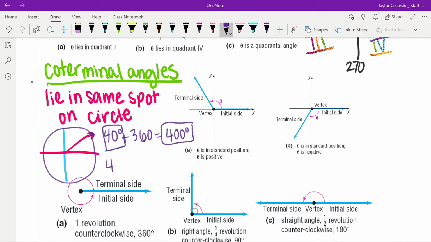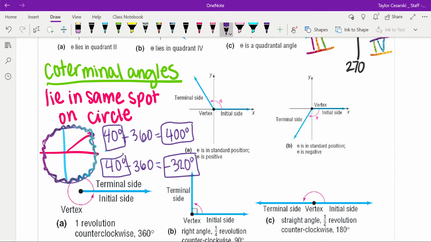Now, my other option, if I start at 40, is I could go backwards. But I still have to go a full circle, because otherwise I'm not going to get back to the same spot. So I would have to minus 360. And that leaves me with negative 320 degrees.